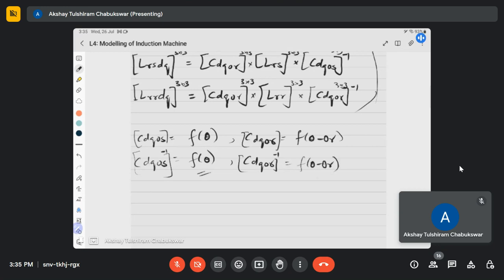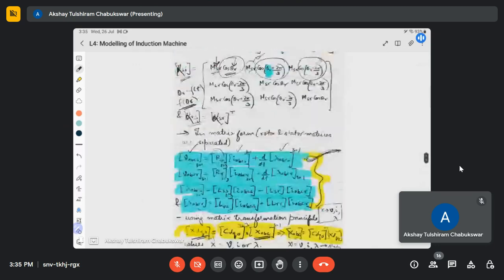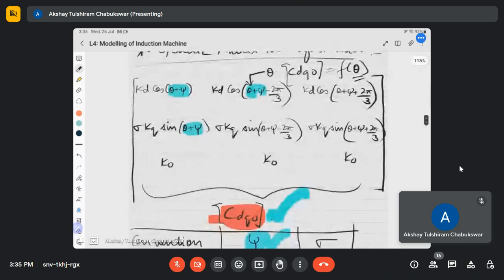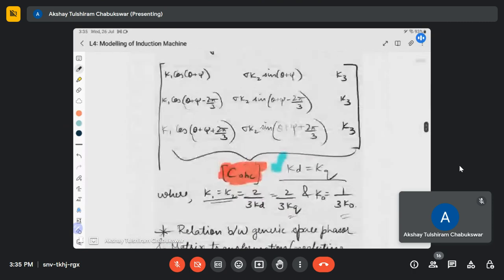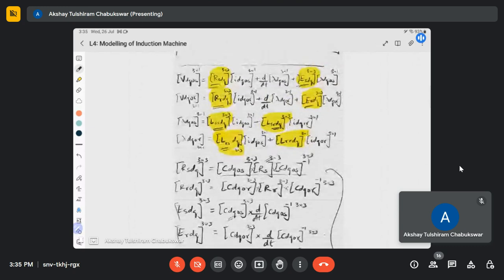Why have I written it like this? I'll tell you. This was the original C_dq0 matrix, right? In place of theta, put theta minus theta r for C_dq0r. For C_dq0s, theta is theta. So that's why I use this matrix as it is for C_dq0s. Okay, this is called the manual work.